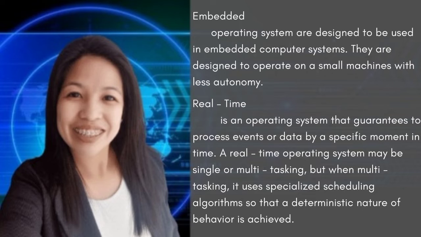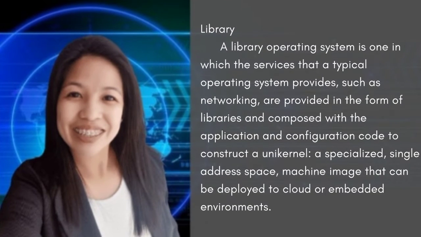Real-time. A real-time operating system is an operating system that guarantees to process events or data by a specific moment in time. A real-time operating system may be single or multitasking, but when multitasking, it uses specialized scheduling algorithms so that a deterministic nature of behavior is achieved. Library.